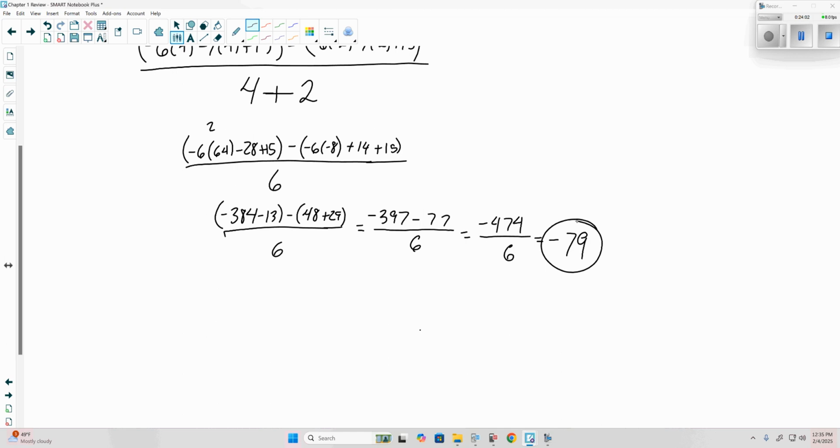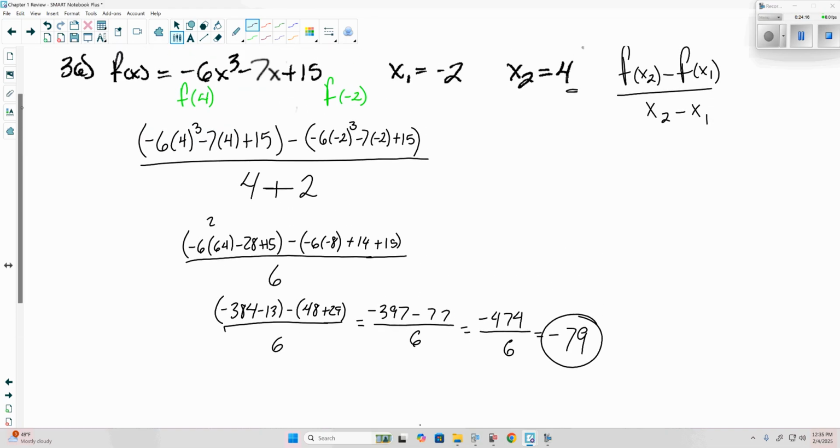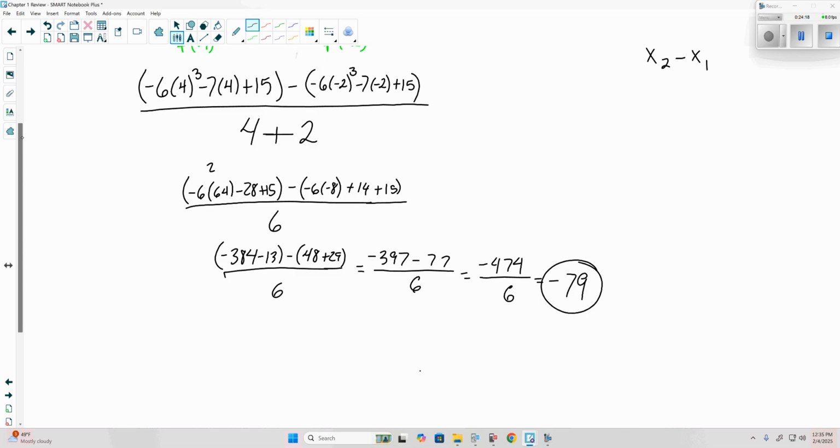Average change should be negative 79. I think I'll check the answer key to make sure, if you want. I think that's it. Negative 79.